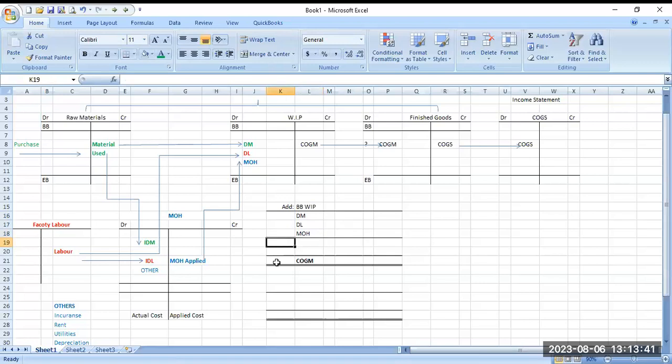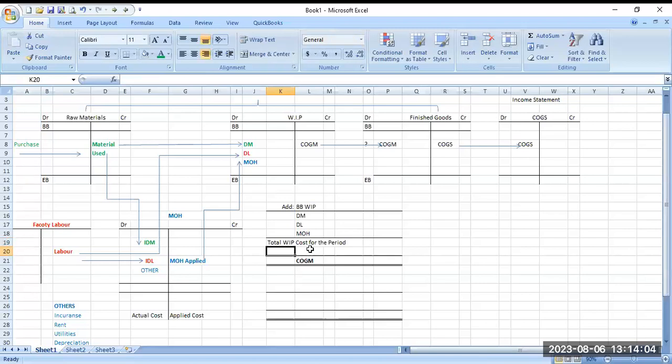Once I have those three plus the beginning balance, that will give me the total work in process cost for the period.